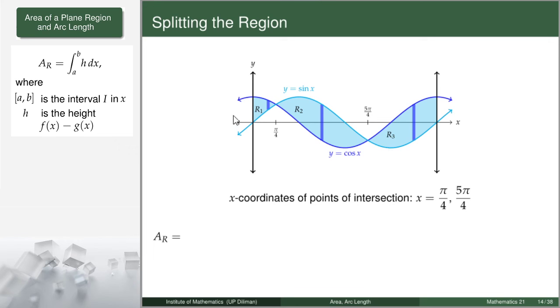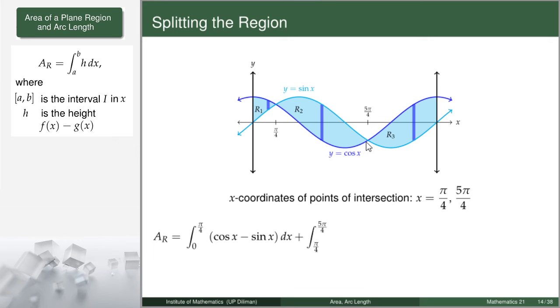R1 will be from 0 to pi over 4. Now to get the height, I just need to know what is above and what is below. Clearly, what is above here is cosine x, and what is below is sine x. Of course, I will not forget the dx because that completes my integral. For R2, it will be from pi over 4 until 5 pi over 4.